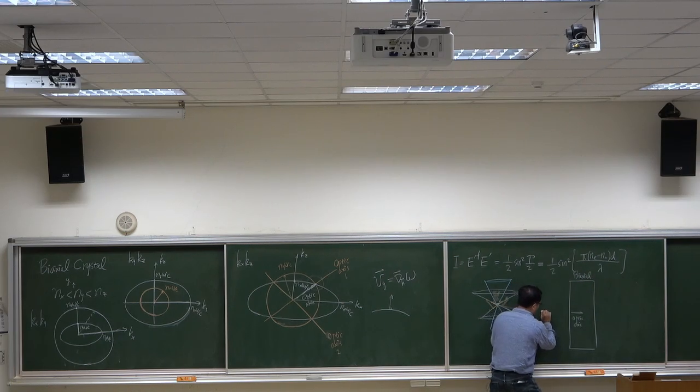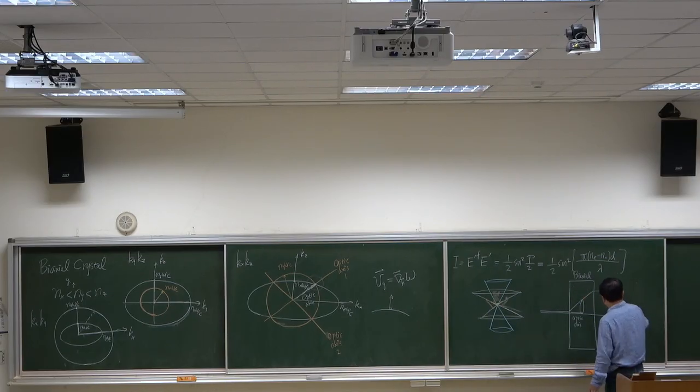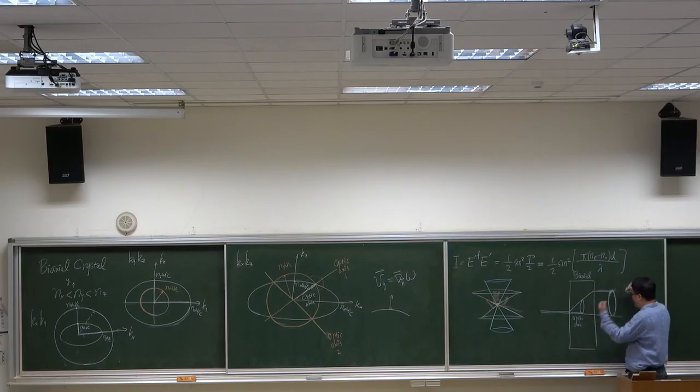Then I send a beam of light here, and it propagates along a cone. And finally, a ring is formed if the light is incident onto a wall or screen.